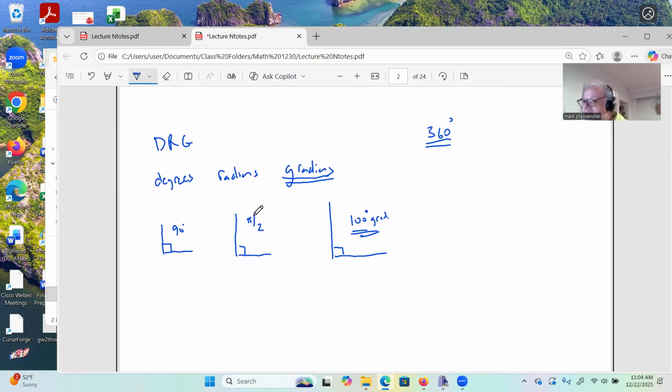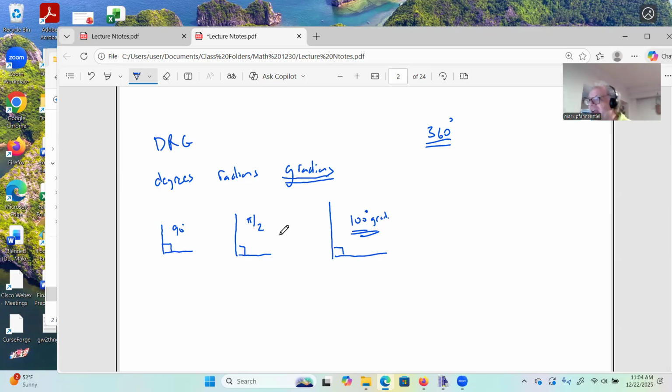Nobody has used them since the French Revolution. We looked at it and said, we don't like that system. The divisibility is a nice thing, so we're going to keep the degrees the way they are. That just isn't a thing that happened for angles. We don't use gradients, but that's what the symbol means and where it comes from.